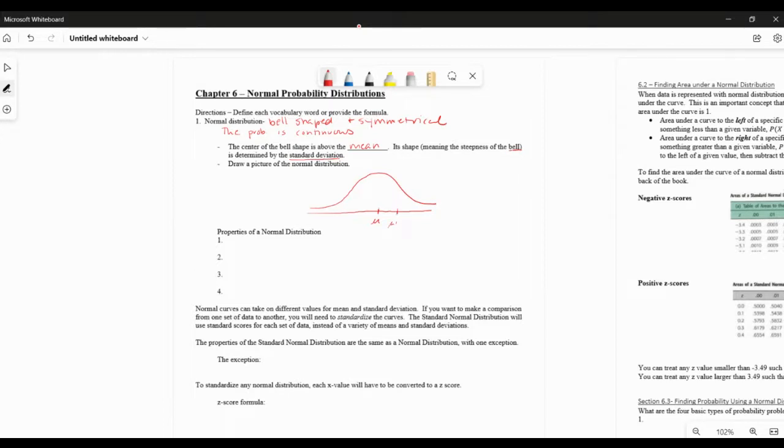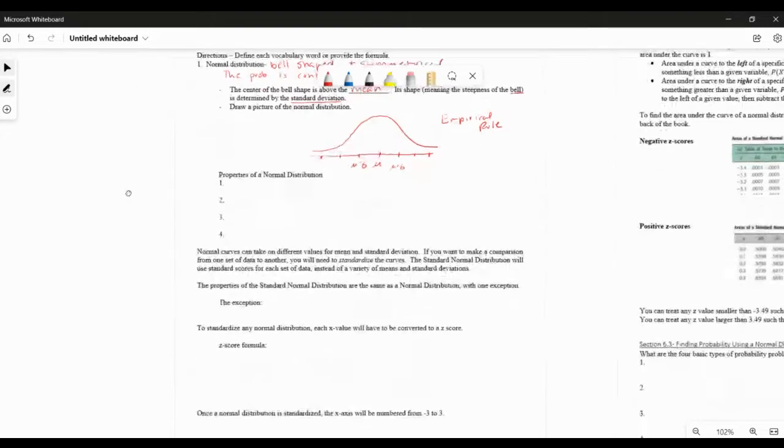So the mean plus standard deviation, and then we'll do that again and again. And then to go to the left, we'll subtract the standard deviation, and then we'll do that again and again. And this should be a little bit familiar from the empirical rule, okay, that we learned in chapter 3. All right, same type deal here as the empirical rule.